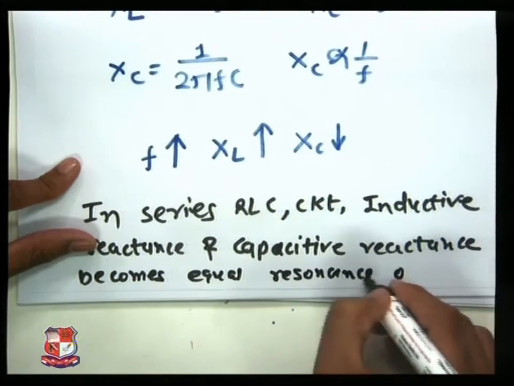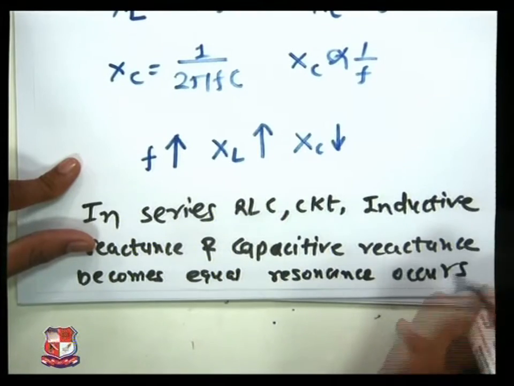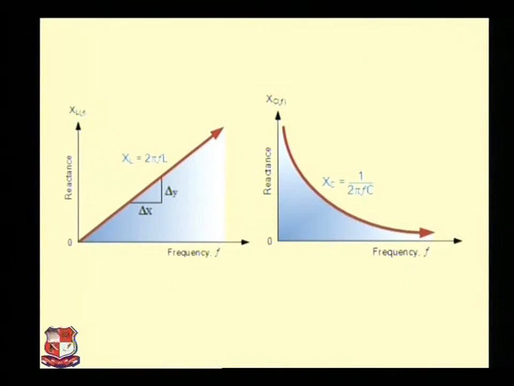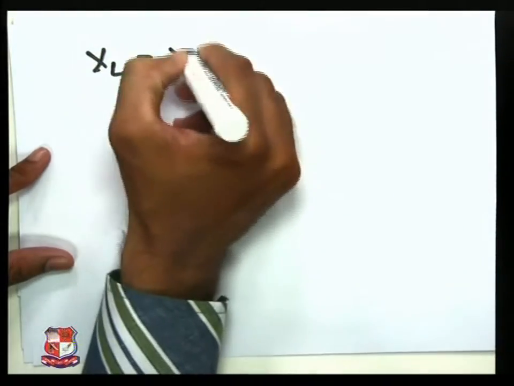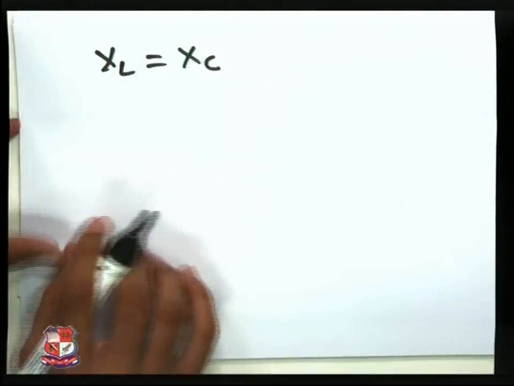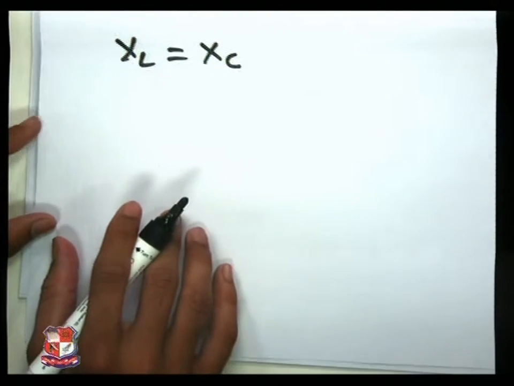Resonance occurs when XL becomes equal to XC.